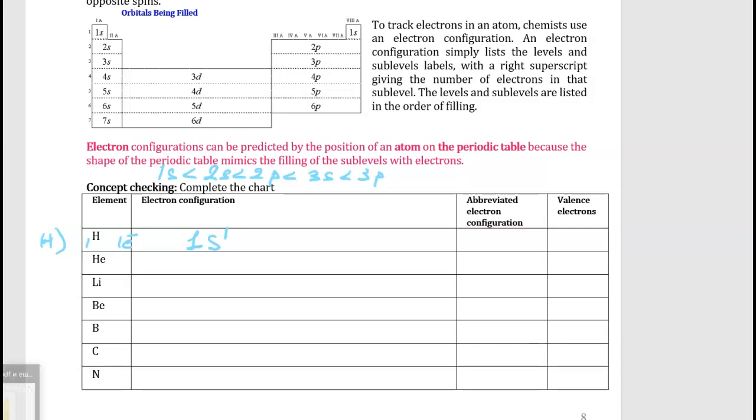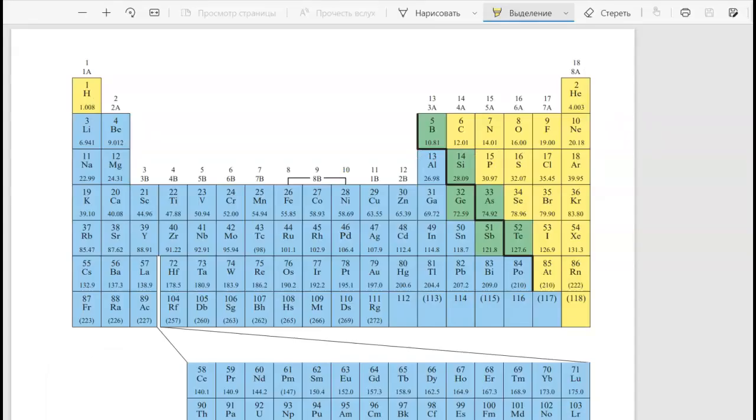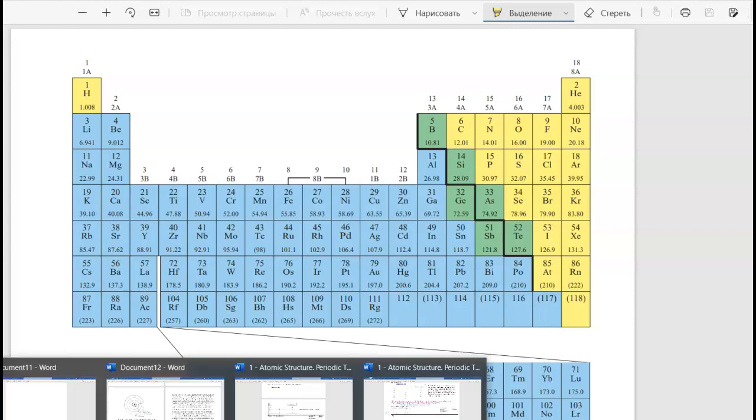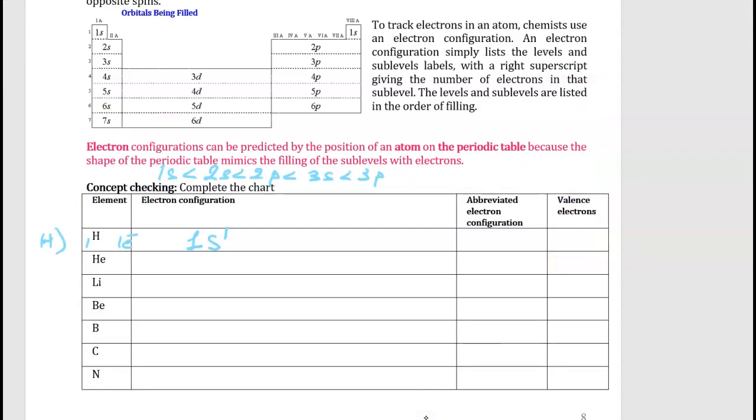The next one here, you can see its atomic number is 2, right? So we put it here. Atomic number 2 means it has 2 electrons, and still the first period, that means the first level, right?